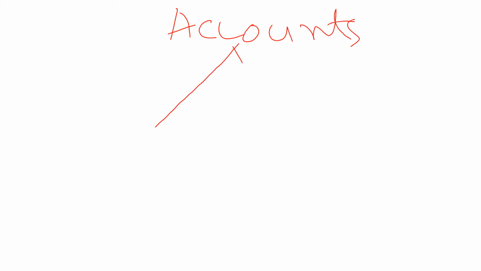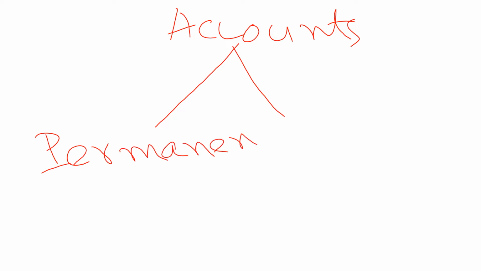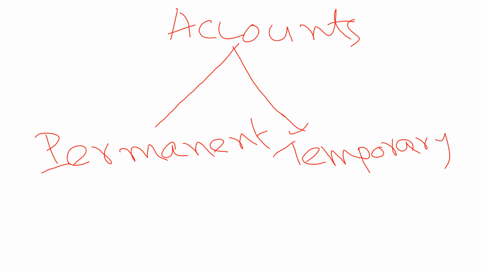Number one is the permanent accounts, which are not closed, and the accounts that are closed are called temporary accounts. So temporary accounts are closed, and these accounts are not closed.